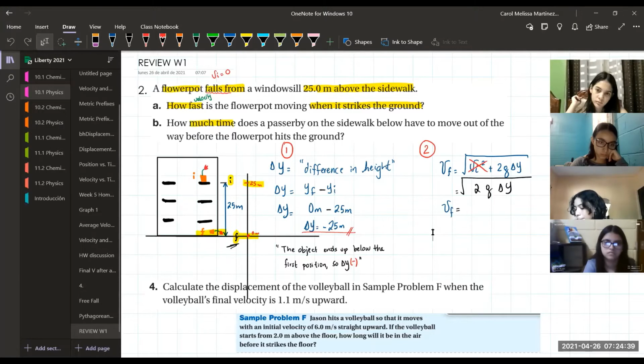In the end, we have the square root of 2 times negative 9.81 meters over second squared times delta y, that we said is negative 25 meters. Meters and meters are going to give you meters squared.